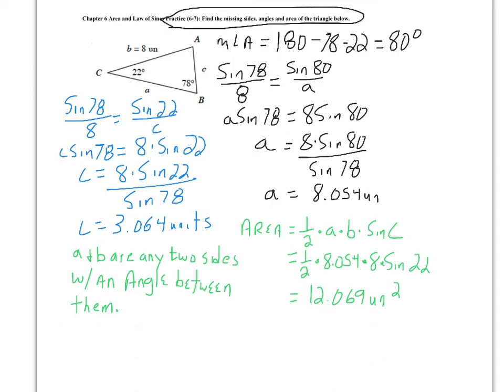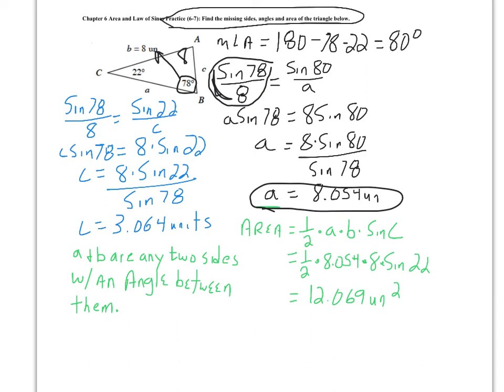And here in the black, we have us finding the measure of side A, or the length of side A. And to do that, I took the sine of 78 degrees over the opposite side, and that's the key piece. These are opposite of each other. Sine of 78 over 8 equals then the sine of 80, because angle A has to be 80 degrees.